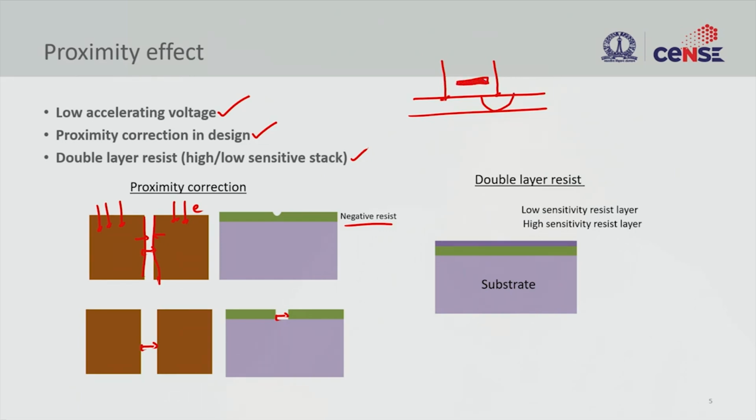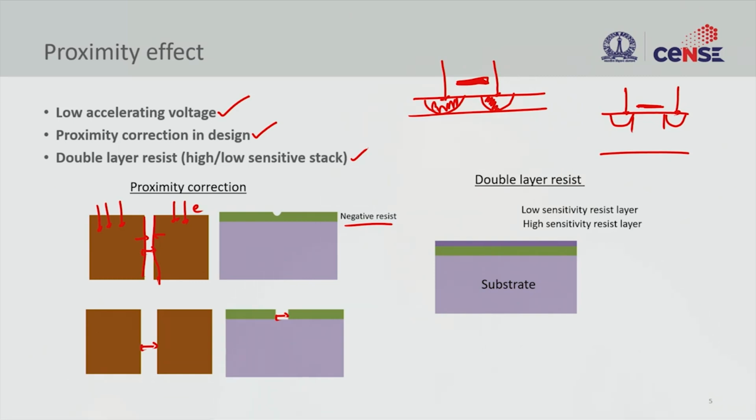In this case also you write something like this, so this portion is also written, though you don't want to write it. But when you use lower energy, you will have very little exposure here, so that your blanking part remains the same.